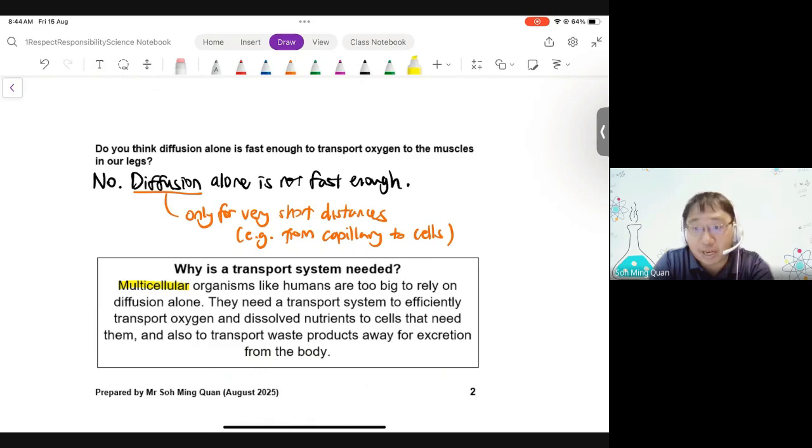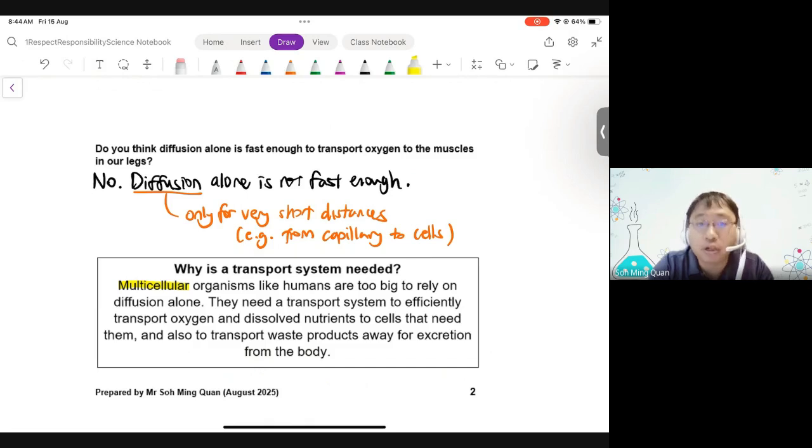In fact, we have many cells organized into tissues. Tissues are organized into organs, and we have so many organ systems which are located in different parts of the body. So we are multicellular and complex. We are too big and too complex to rely on diffusion alone to transport substances around the body.